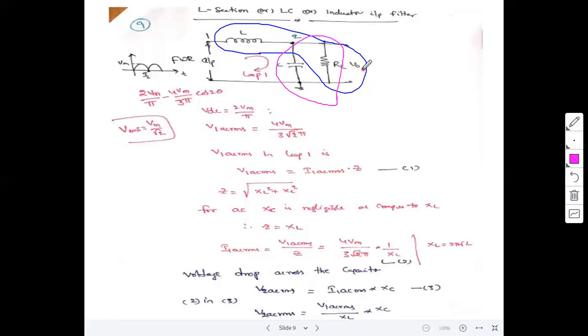For the inductor filter, the ripple factor RF is directly proportional to RL, whereas for the capacitor filter it is inversely proportional.